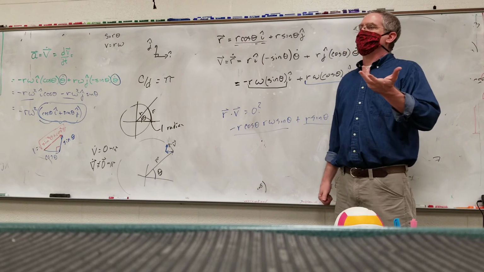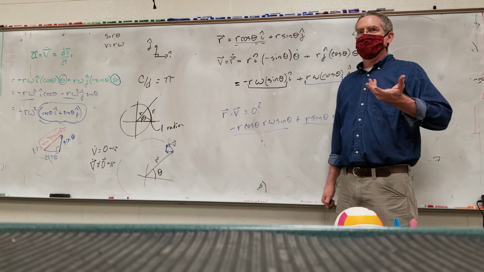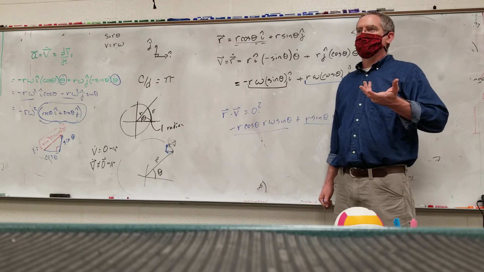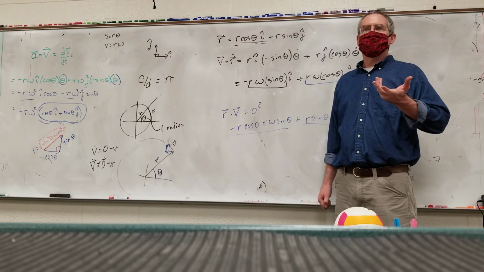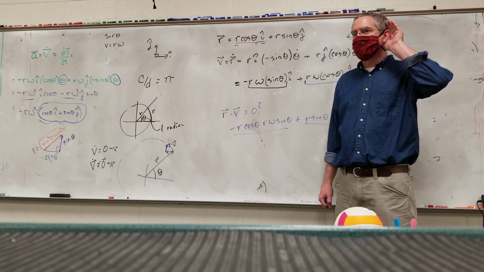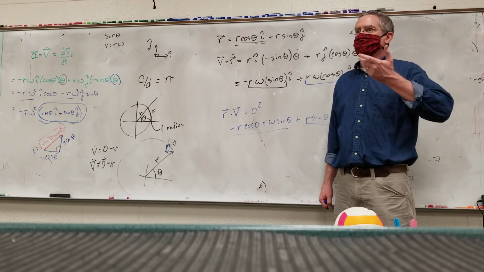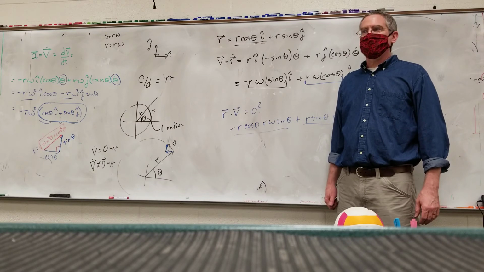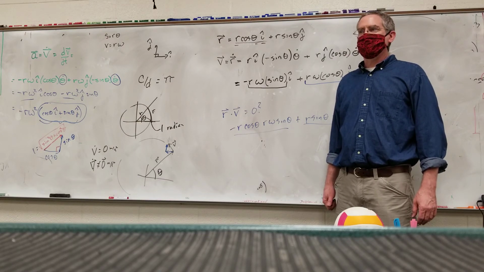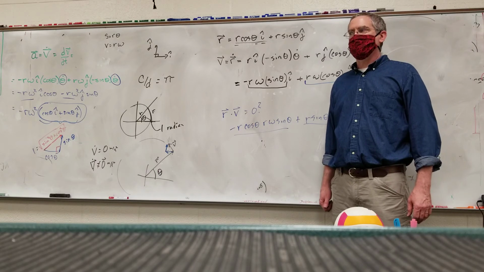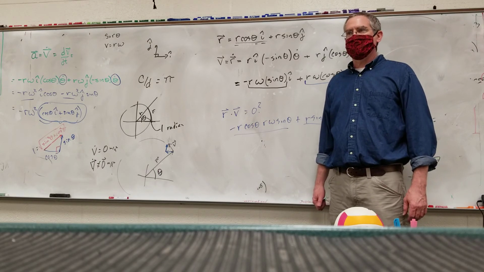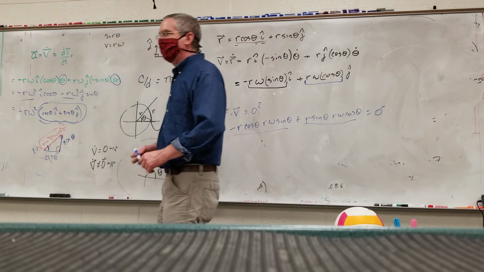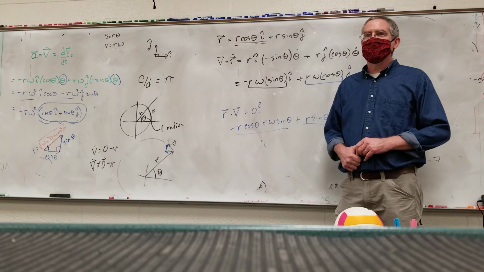which makes it what kind of vector? A unit vector? Yes, it's a unit vector. Pointing in what direction? In other words, what angle is that? 45.